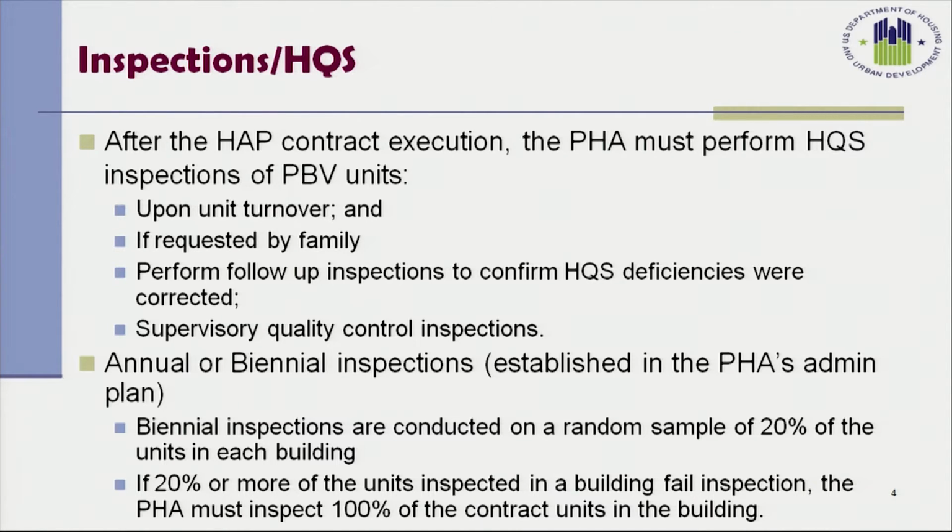Whether the PHA does annual or biennial inspections would be established in the PHA's administrative plan. Biennial inspections are conducted on a random sample of 20% of the units in each building. If 20% or more of the units inspected in a building fail inspection, the PHA must inspect 100% of the contract units in the building.